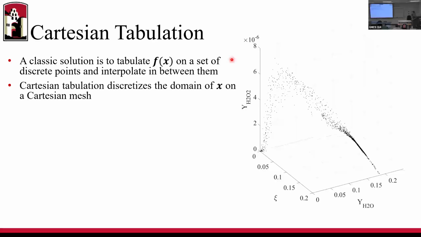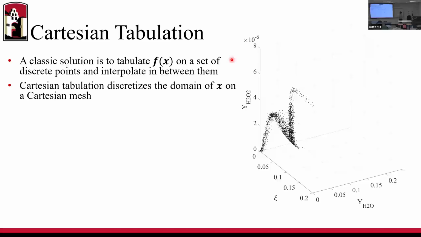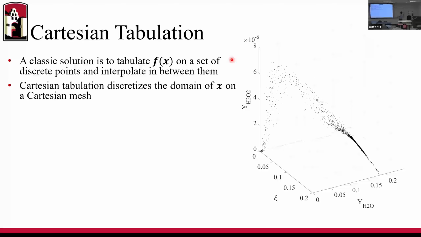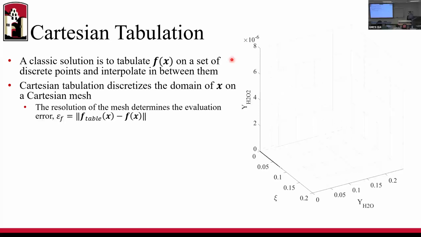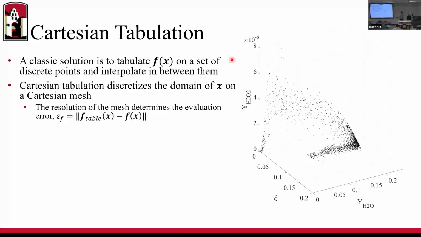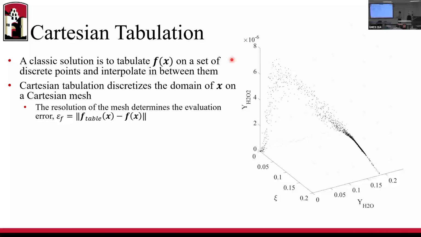So the classical case of flame table, which most of the standard computational combustion code would use, is they would discretize the domain, chop it up in each direction on a Cartesian mesh. And then how well resolved that Cartesian mesh is going to determine the evaluation error between the linear interpolation that you get from the table and the actual function.